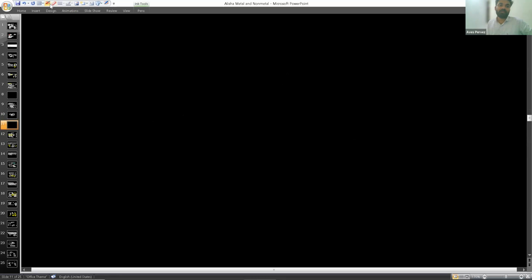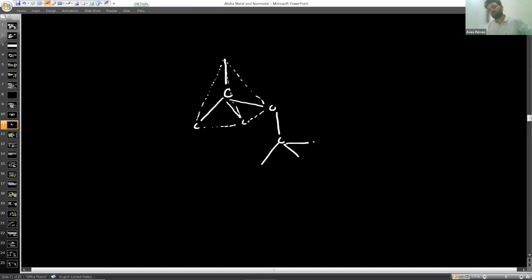But in diamond, each carbon atom is arranged in a tetrahedral structure like this. Every carbon atom is bonded with four other carbon atoms this way. All carbons are bonded here, no free electrons.